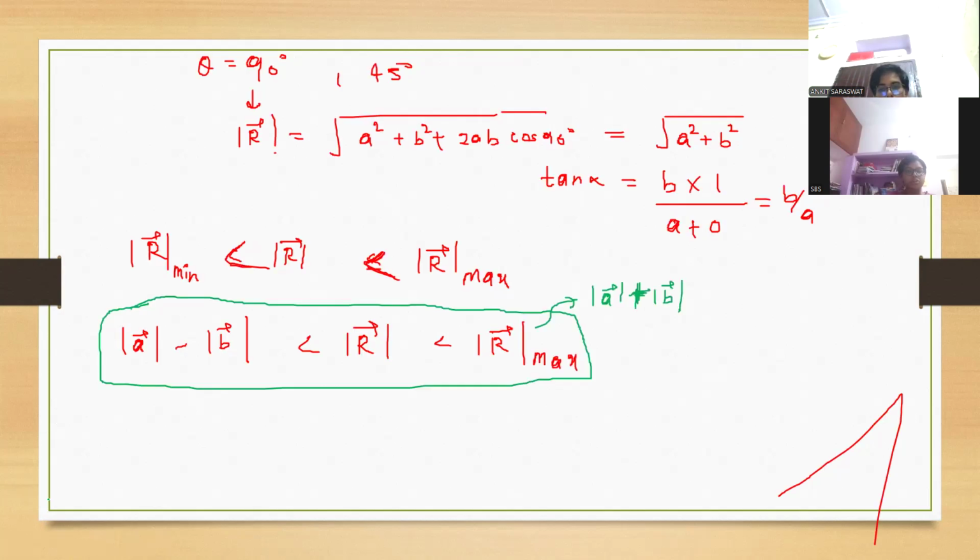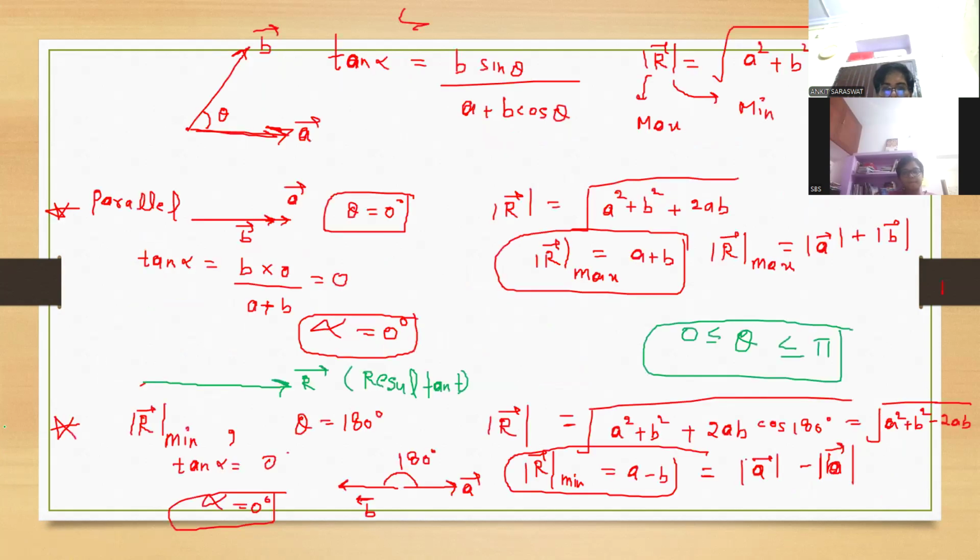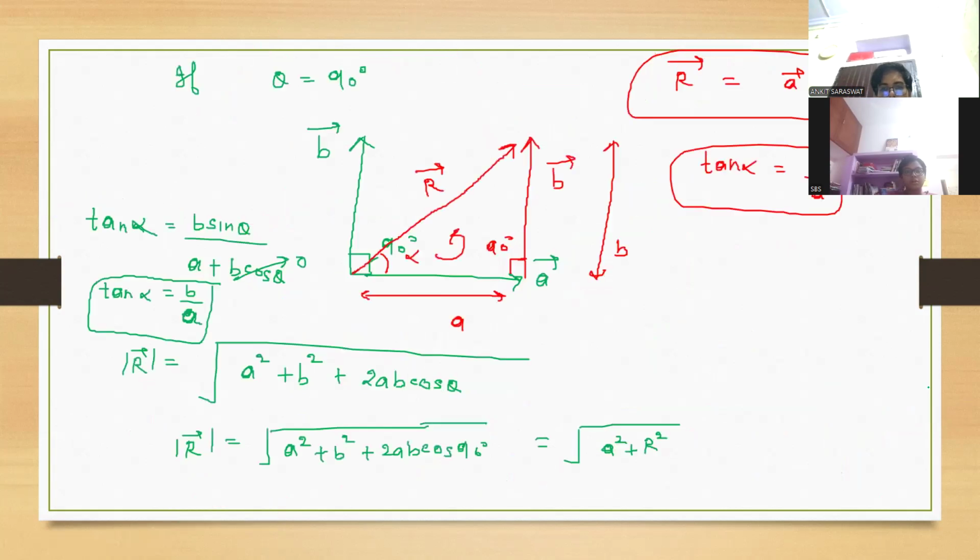Sir, that is my magnitude alone, sir. Magnitude cannot be negative. But sir, for that, magnitude of A minus magnitude of B, how are you writing plus here, sir? See what I am writing here. What is A?